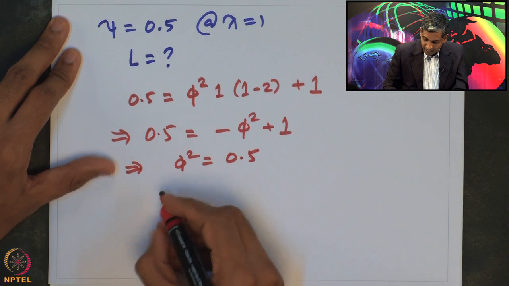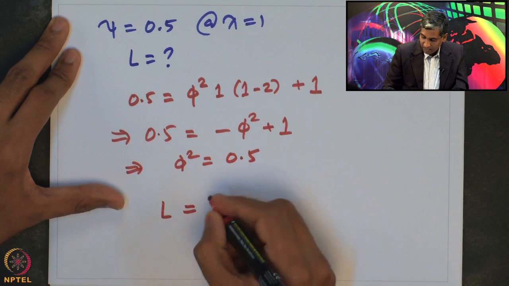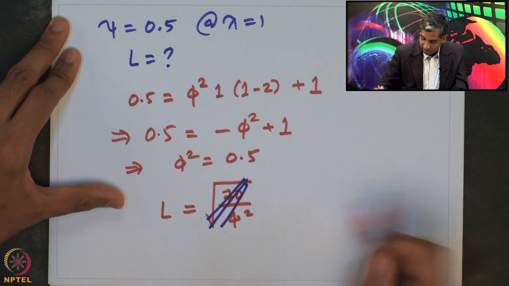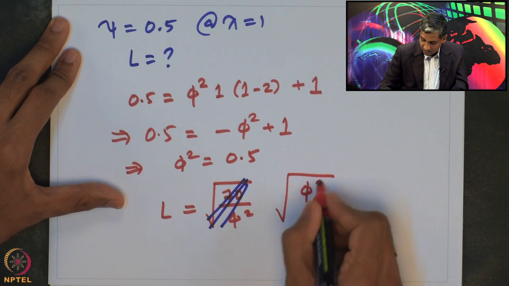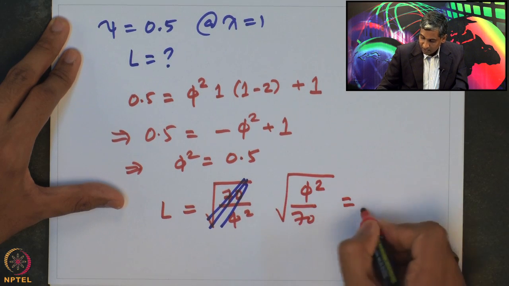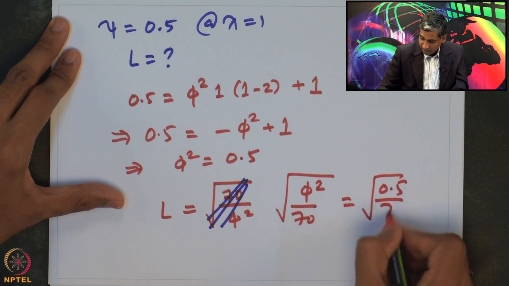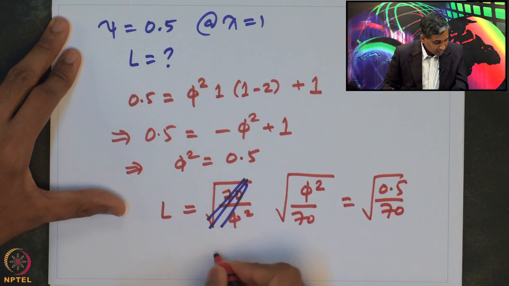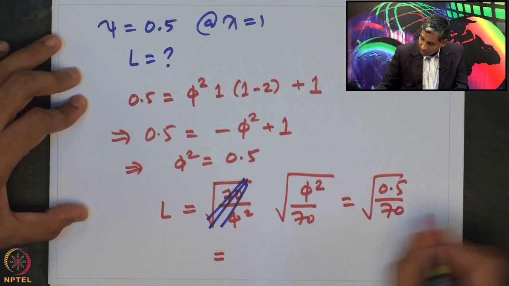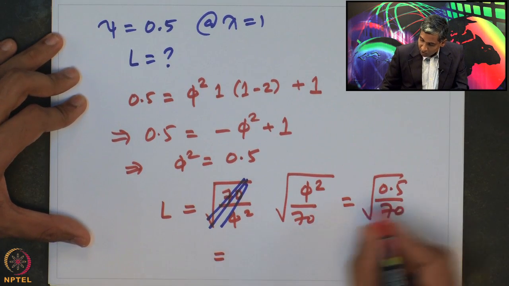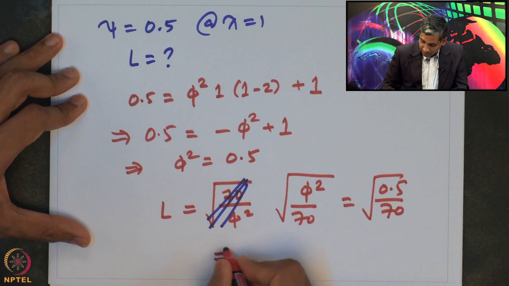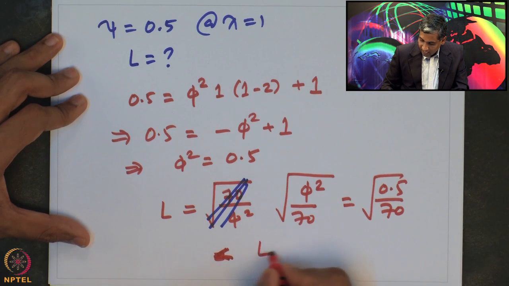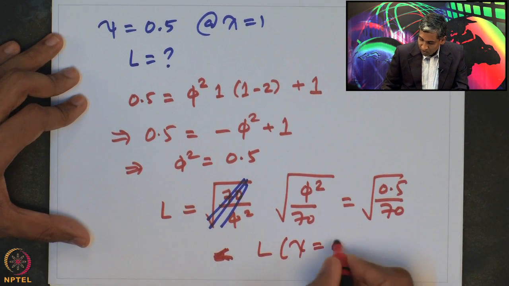So, from here we can find out that L is essentially given by square root of phi square by 70, which is square root of 0.5 by 70, which is certainly much smaller than L when psi is equal to 0.